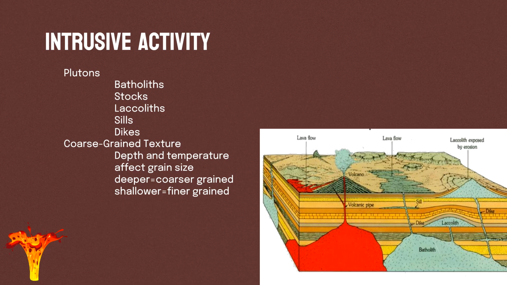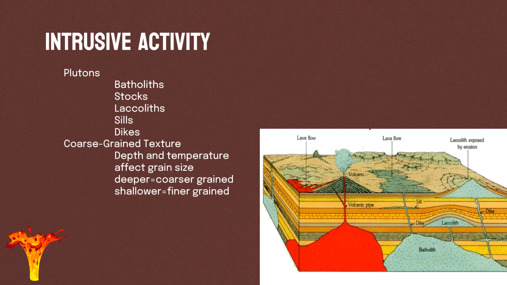And that is often affected by the depth and temperature at which the magma started to solidify. So if it's deeper within the Earth's crust and mantle as it's starting to solidify, it has more time to solidify, then it will have a more coarse-grained texture.